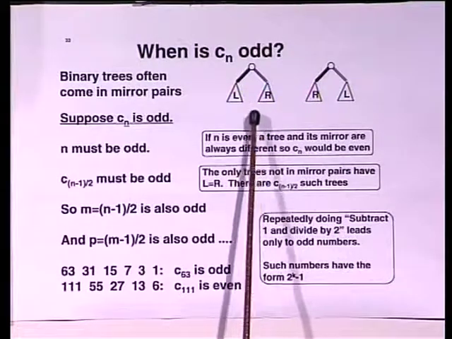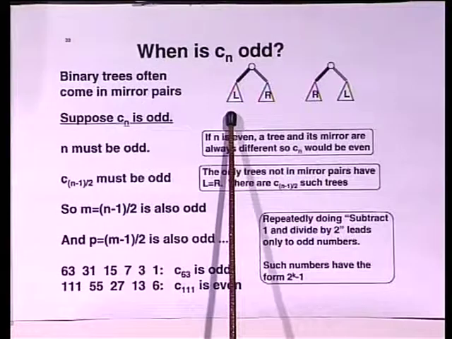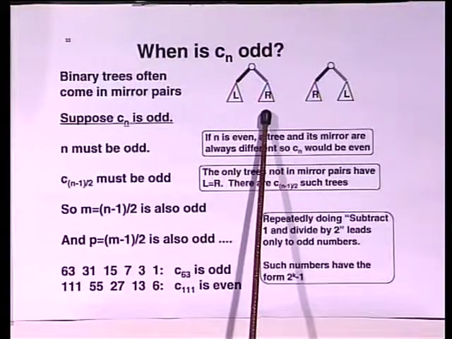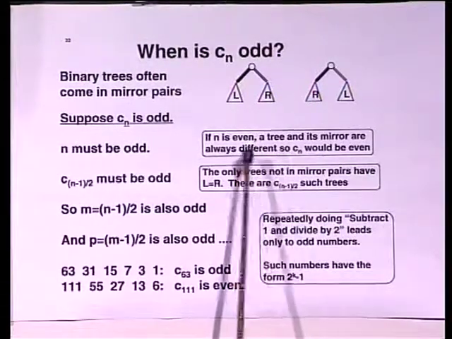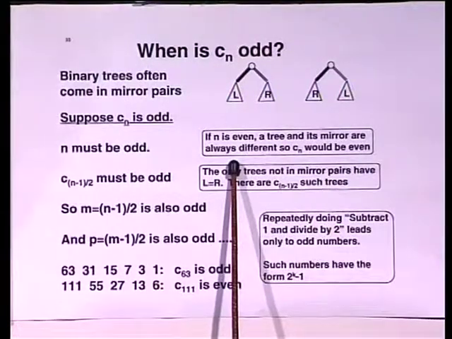Well, if n is even, n minus 1 is odd, and you couldn't have equal numbers in the left part as in the right part. And therefore, when n is even, a tree and its mirror are always different. So when n is even, the trees come in pairs, and the Catalan number would necessarily be even.